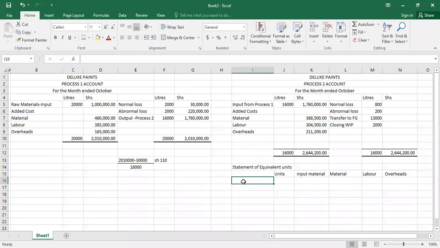That's the elephant in the room. Abnormal loss, you said they are 200 units, right? What's the percentage of input material?